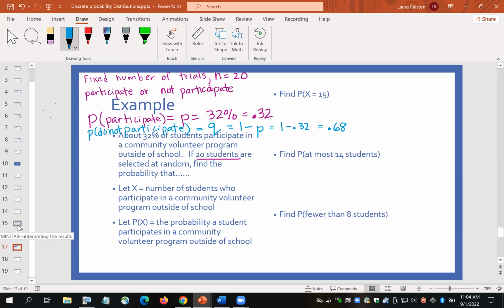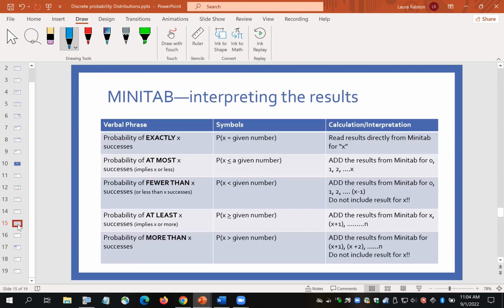I also mentioned, and I'm going to backtrack for just a minute, that this table on slide 15 needs to become a great resource for you. If nothing else, I do recommend that you print slide 15 and have this table nearby when you are calculating the binomial distribution, whether that's on quiz 3, on the midterm, and that sort of thing, because honestly, I don't even keep these things in my head.